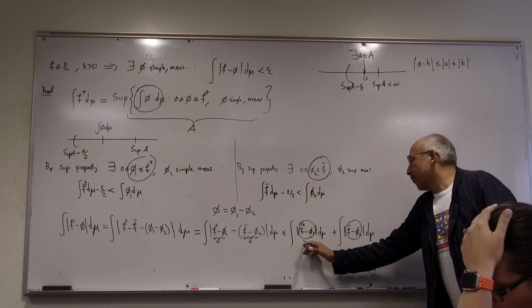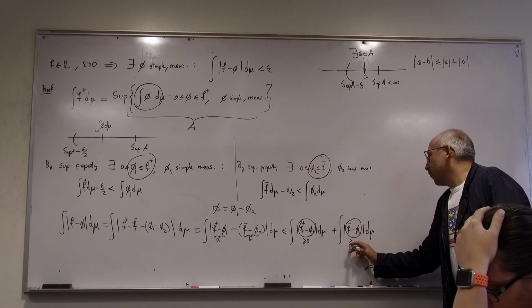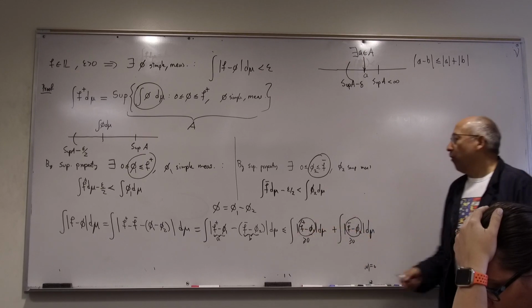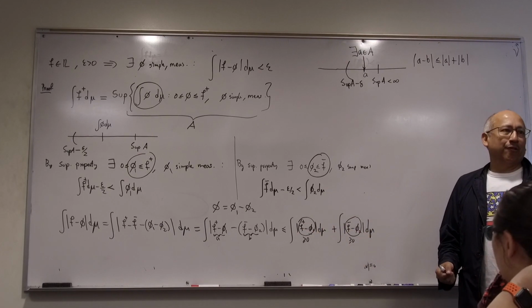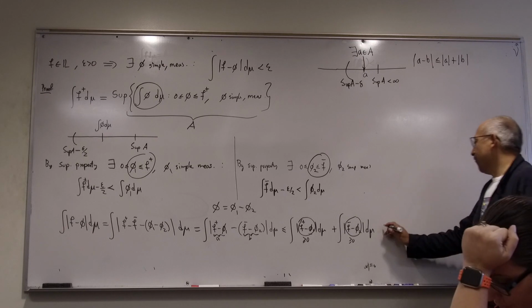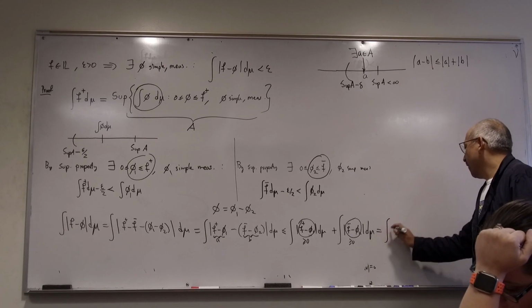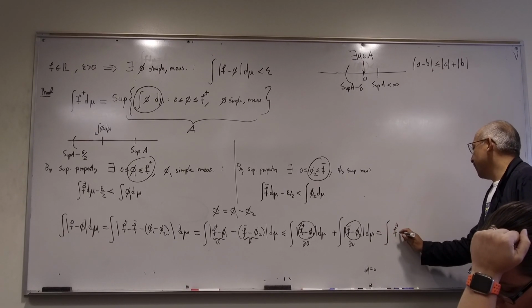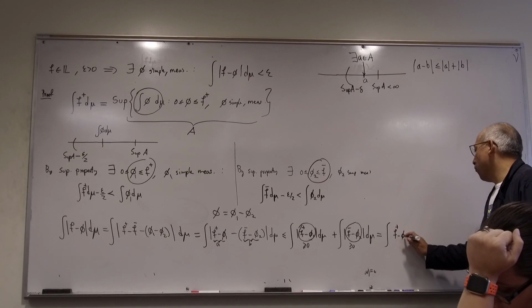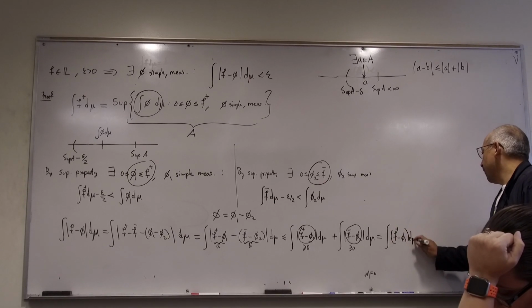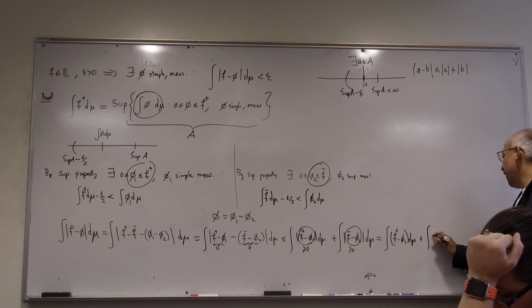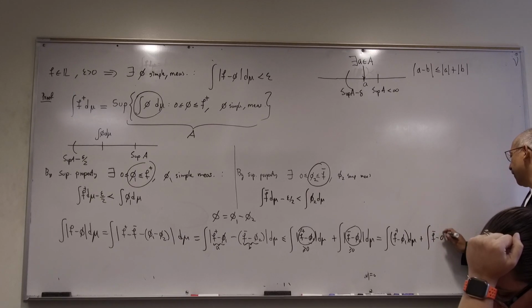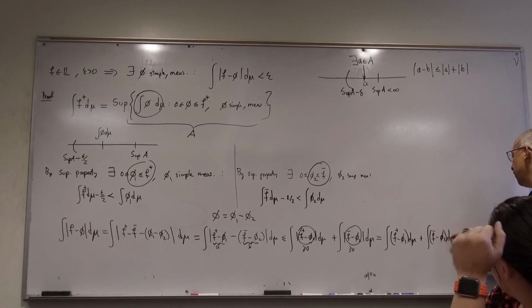So this is greater than or equal to 0. And this is greater than or equal to 0. What is the absolute value of something greater than or equal to 0? Itself. Just the quantity itself, right? So this is just the integral of f plus minus phi_1 d mu plus the integral of f minus phi_2 d mu.